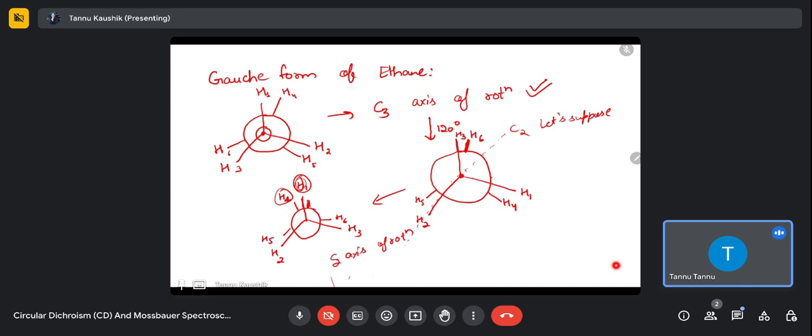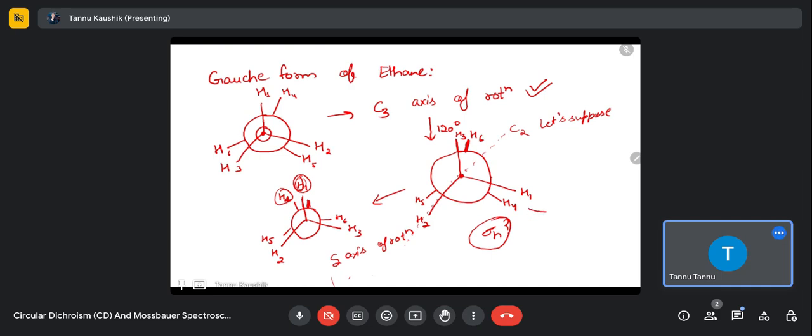So now the C2 axis of rotation is not present in the molecule. Then we have to find whether the sigma H plane is present or not. Perpendicular to this, if we bisect the molecule, that is in the molecular plane of the board, then we won't get an equivalent configuration.